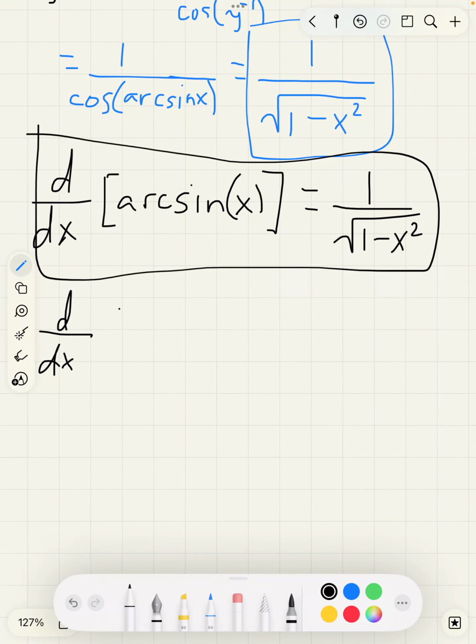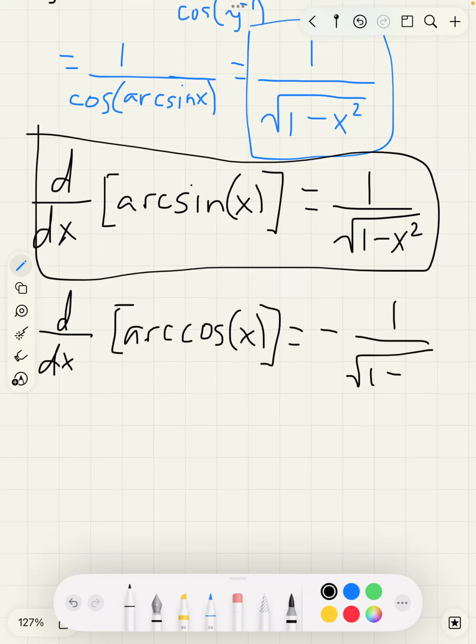And to save us a little bit of time, I would get negative 1 over the square root of 1 minus x squared. And that negative comes from the fact that when I take the derivative of cosine, I get negative sine. So that's why we have a negative there. But the process is exactly the same, bar derivative of cosine is negative sine. So you'd be taking negative sine of arccosine of x.